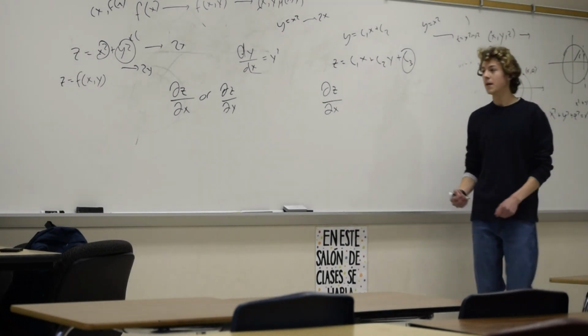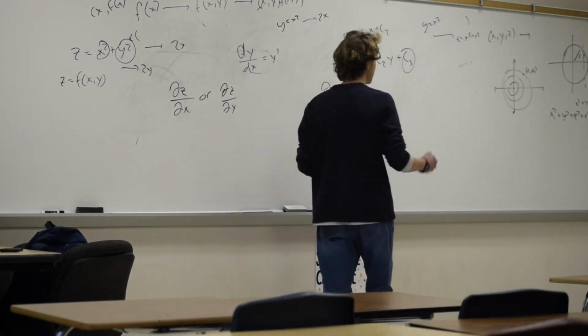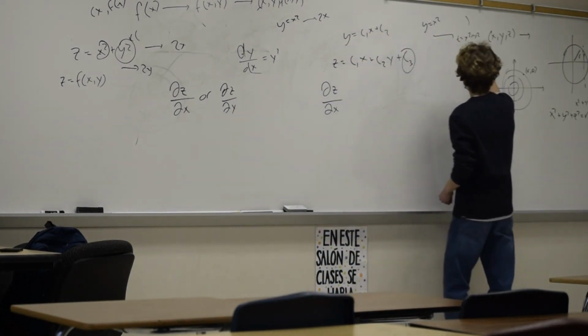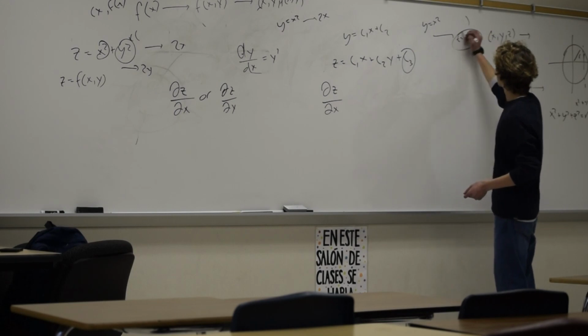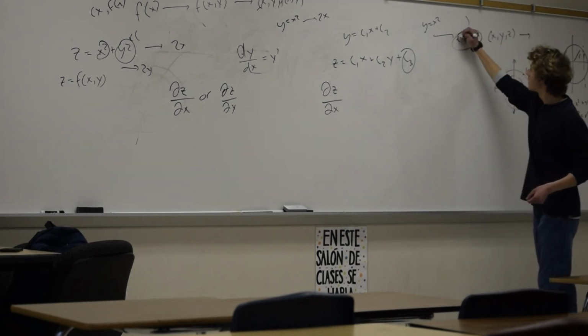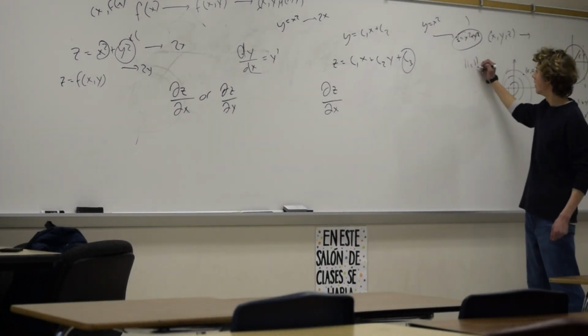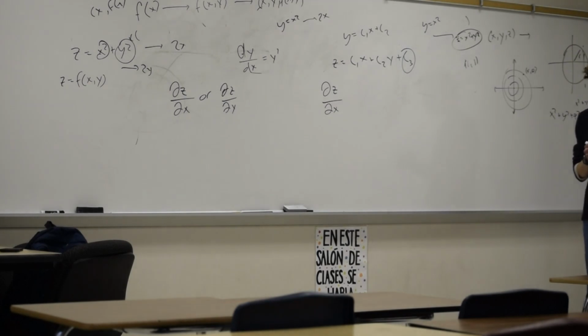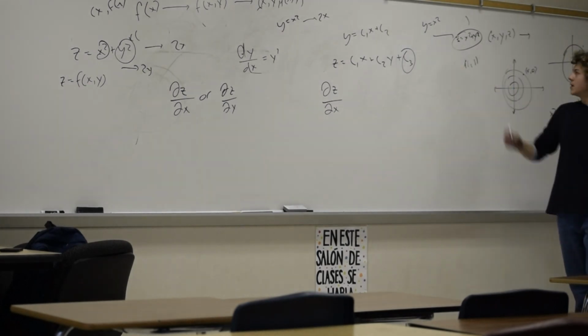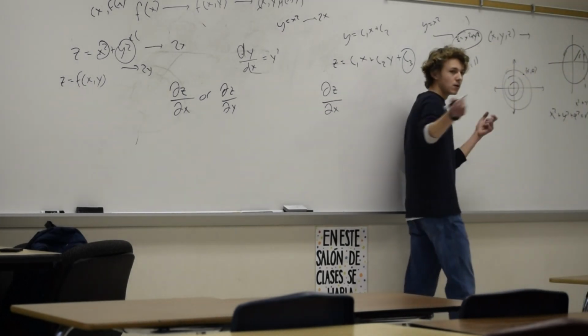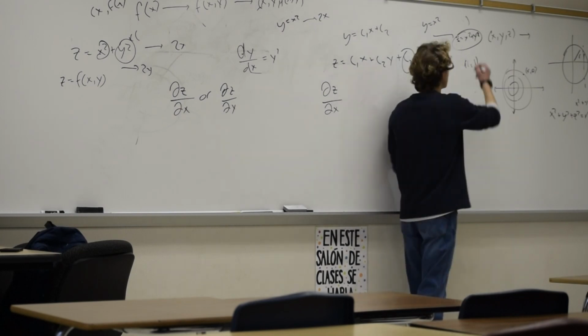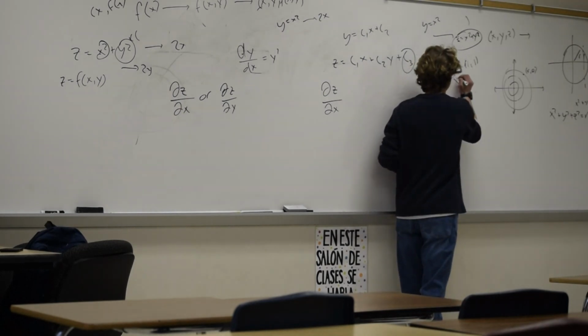So how do we find, for example, the tangent plane to the graph, using the same example, z equals x squared plus y squared, at the point 1, 1? I'll make it really easy. If we differentiate this with respect to x, what do we get?